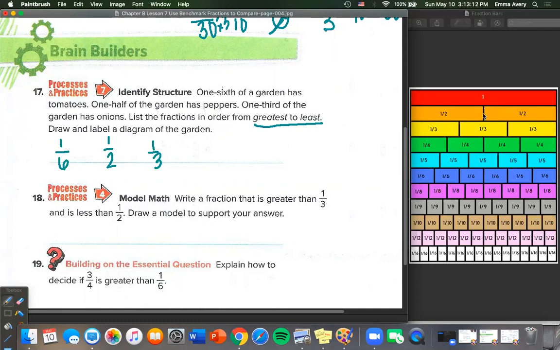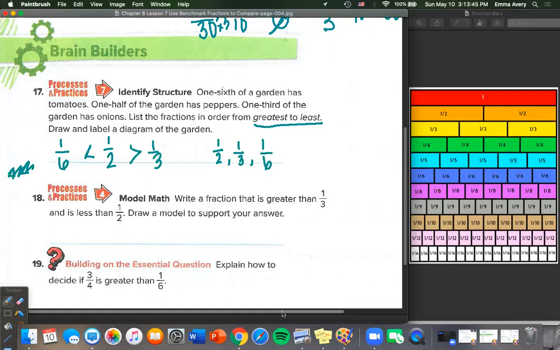Well, it is in the middle because it's 1/2. 1/6 is over here, so 1/6 is smaller than 1/2. What about 1/3? 1/3 is also smaller than 1/2. So instead of our greater than symbols going the same way, we have them flipped. So in order from greatest to least, well, 1/2 is greater than 1/3 is greater than 1/6.